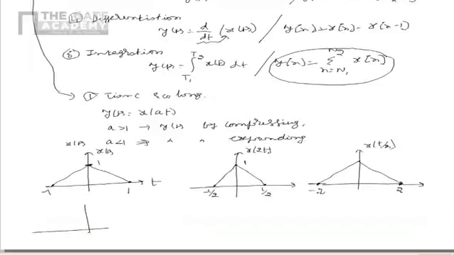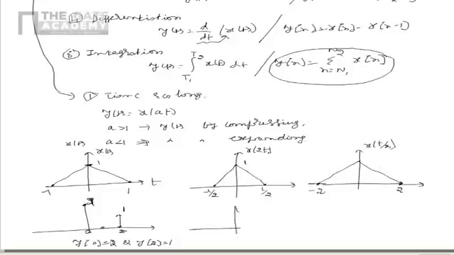Now let us take the example of a discrete time signal which has the values 2 and 1 at the instants 0 and 2. It means that y of 0 is equal to 2, and y of 2 is equal to 1.